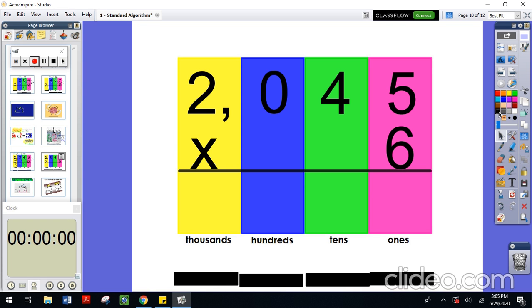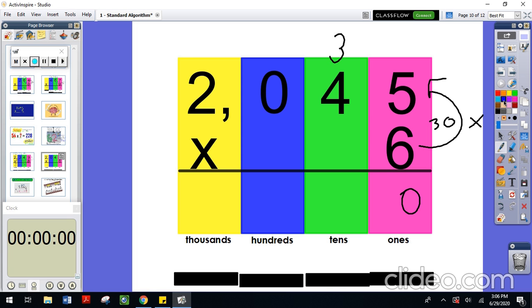So what we're going to do is start in our ones place, and we're going to multiply 6 times 5. 6 times 5 gives me 30. So we put our 0 at the bottom, we put our 3 at the top.